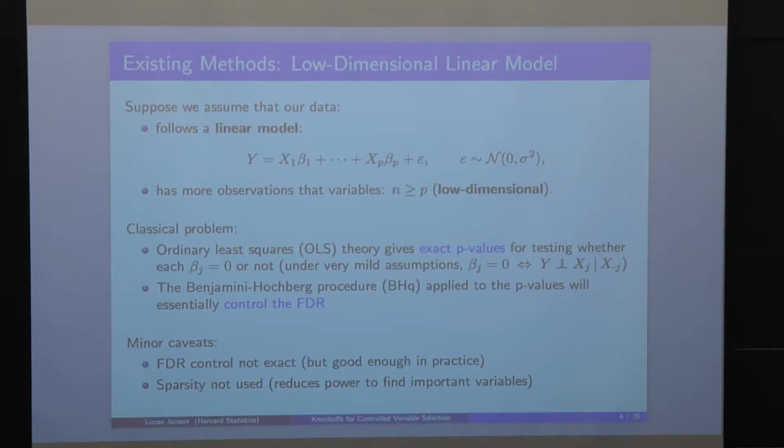They have to be, for instance, independent or have positive dependence. And in general, those assumptions are not actually met for linear regression p-values. However, they're pretty close, and actually BHQ is quite robust. So in practice, this thing works pretty well. So we have a good solution in the low-dimensional Gaussian linear model, homoscedastic Gaussian linear model.